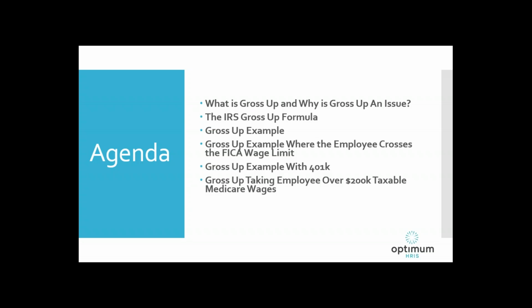We'll look at a gross up example where 401k is involved. And last, we're going to look at a couple of examples where gross up takes an employee over the $200,000 taxable Medicare wage limit.